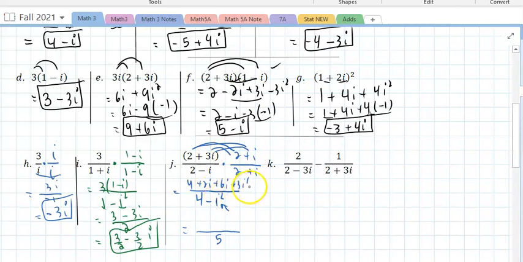I know that's a negative 3 because i squared is a negative 1. So negative 3 plus 4 is a 1. And 4 plus 2 is 8i. And that would be 1/5 plus 8/5 i.